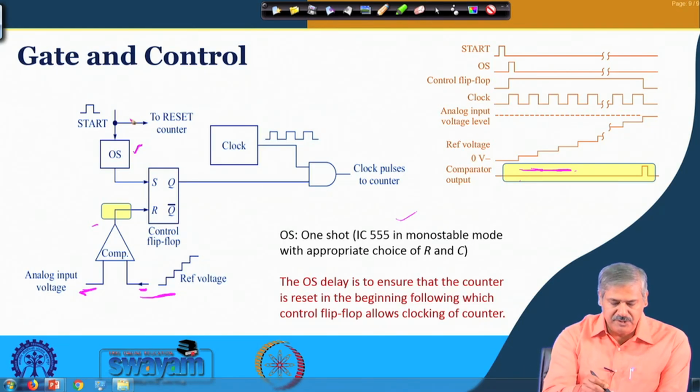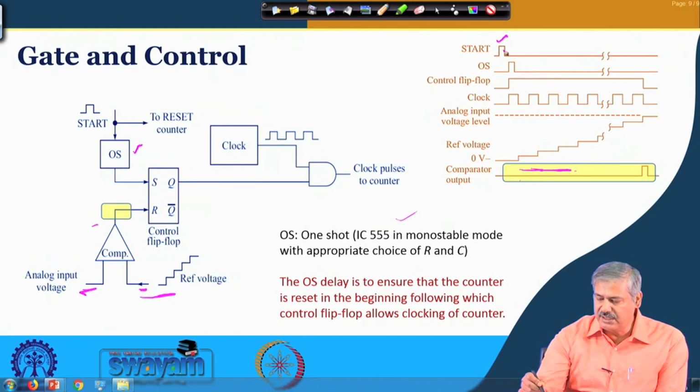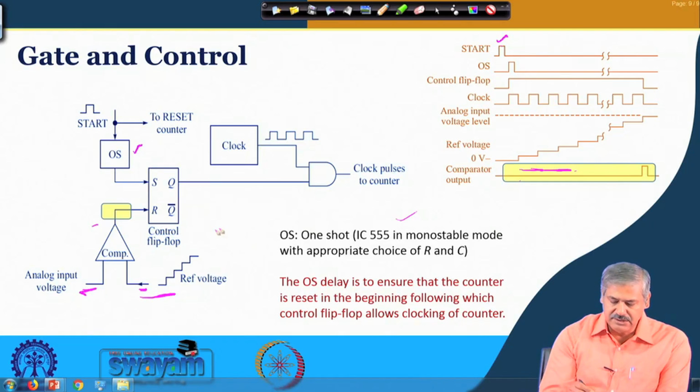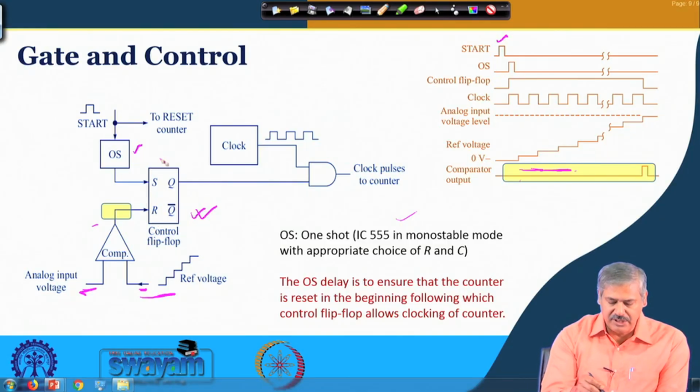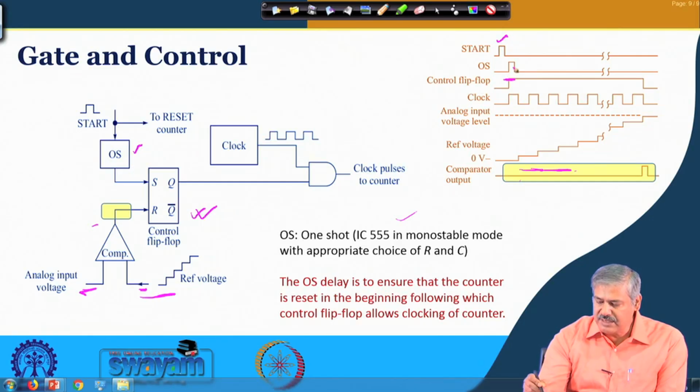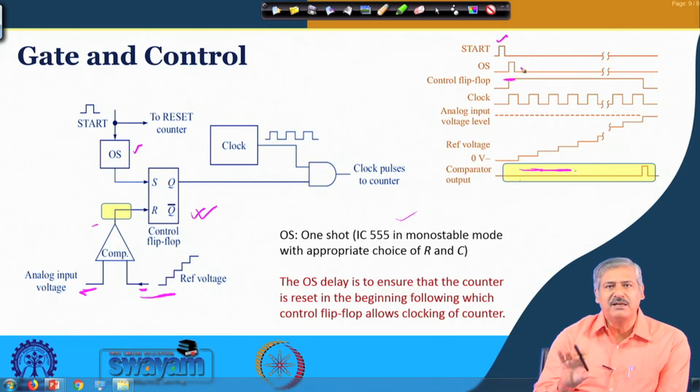When you start the conversion, this is your start, and immediately the counter is reset, and this control flip flop that you see is set after some time, so that the clocking of the counter is staggered, delayed by some amount.